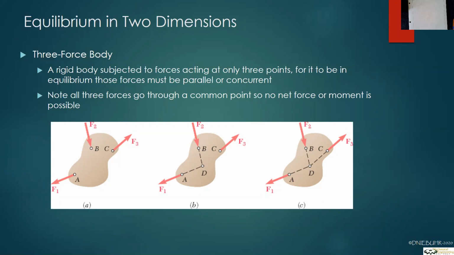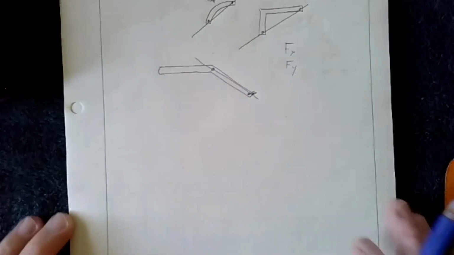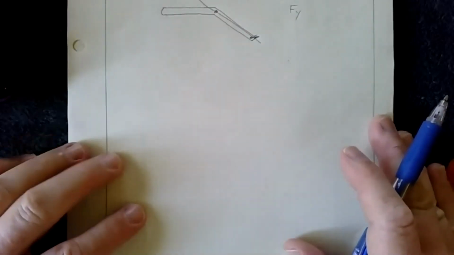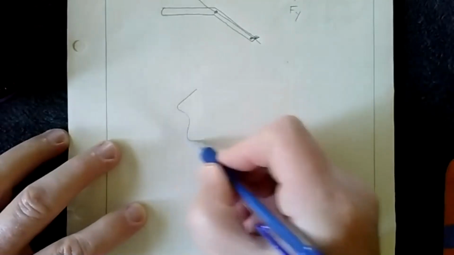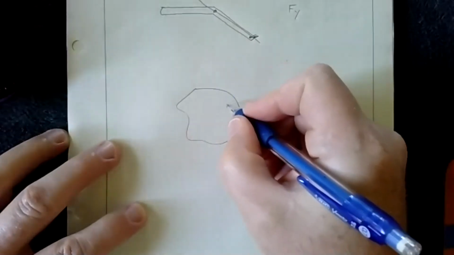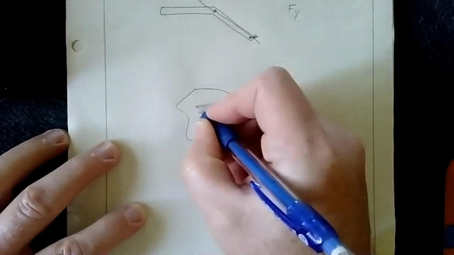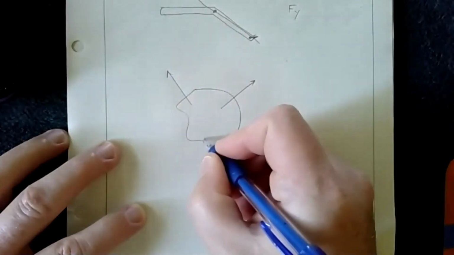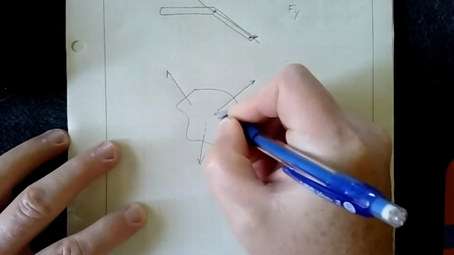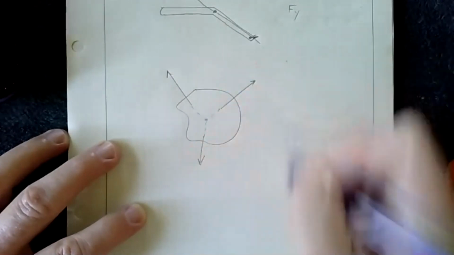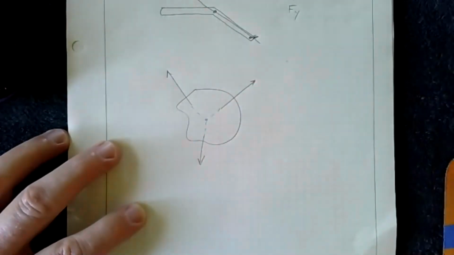So, for example, going back to this idea, if I have an object, like the blob, then what I found is that if I want it to be in equilibrium, then all the forces, when you extend them, have to meet at a single point.